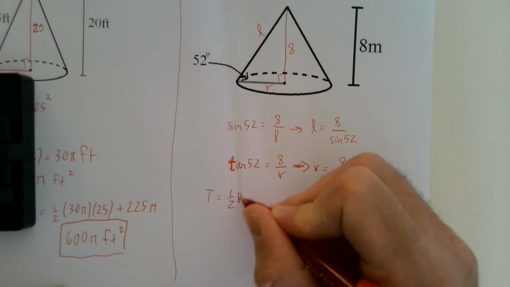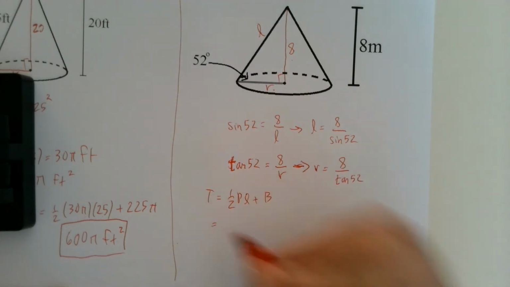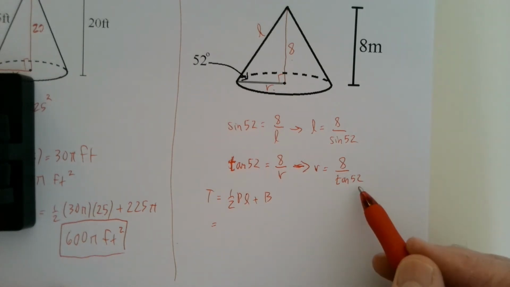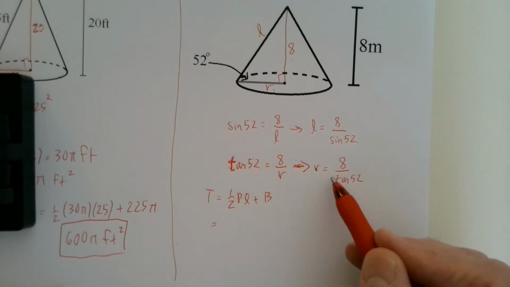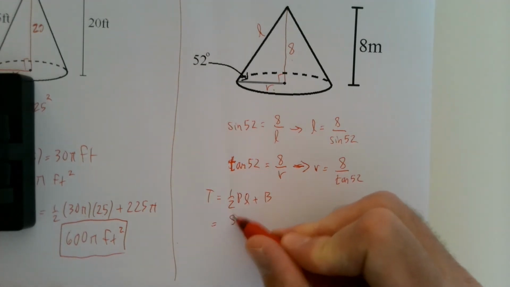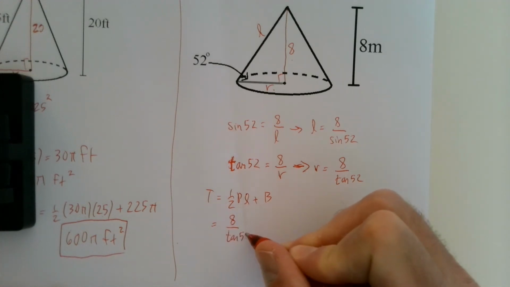So half perimeter times slant height plus area of base. Okay, so let's see, if the radius is 8 over tangent 52, diameter 16, I'm going to take half of that anyways, so I'll just leave it as 8 over tan 52.